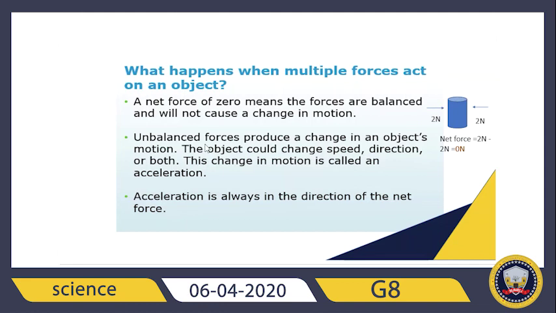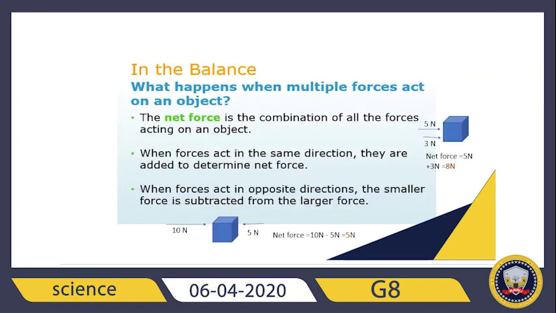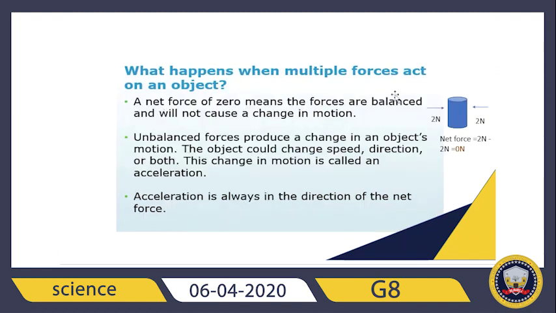So unbalanced forces produce a change in an object's motion. Unbalanced forces means that these forces are not equal, like the one here. So here we have unbalanced forces acting in opposite directions to each other. Here also we have unbalanced forces. They are not equal and they are acting in the same direction. So again, guys, balanced forces means that these forces are equal to each other.